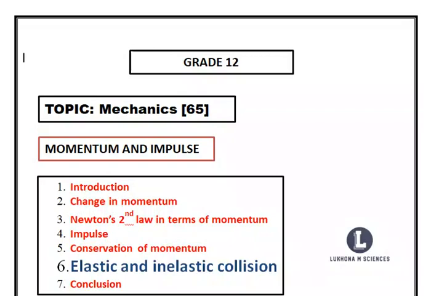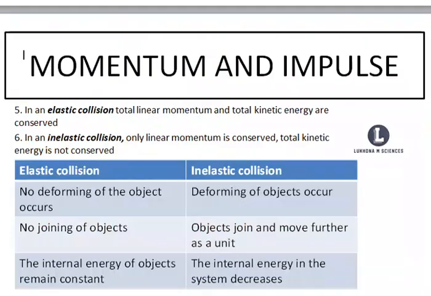We have two types of collisions, that is elastic and inelastic collision. In an elastic collision, the total linear momentum is conserved. So even here, the linear momentum is conserved, and the total kinetic energy is conserved.